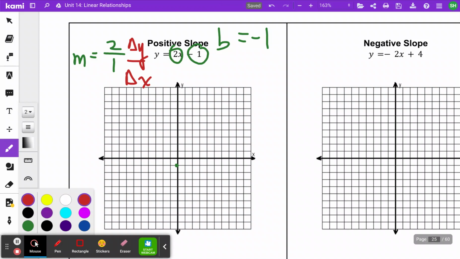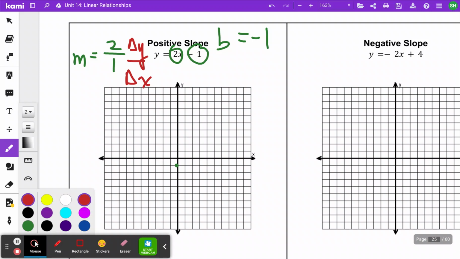So we now know that everywhere along this line, even from the point we already graphed, the y is always going to change by 2, and the x is always going to change by 1 to get to the next point on that line, I should say.